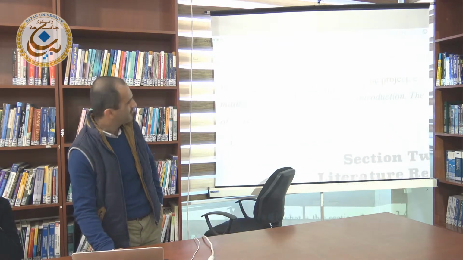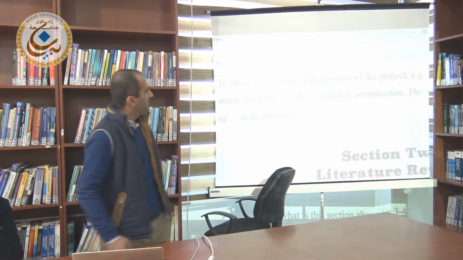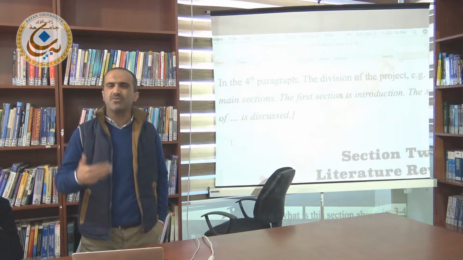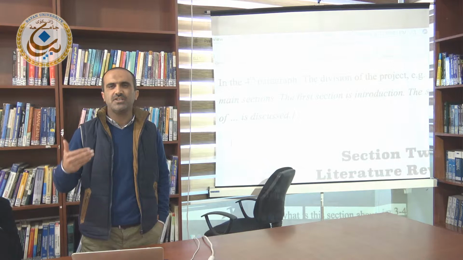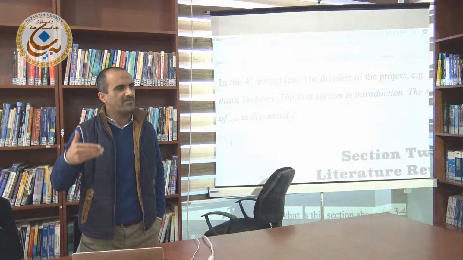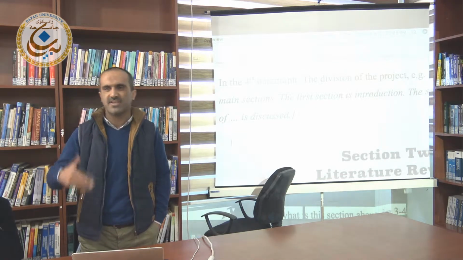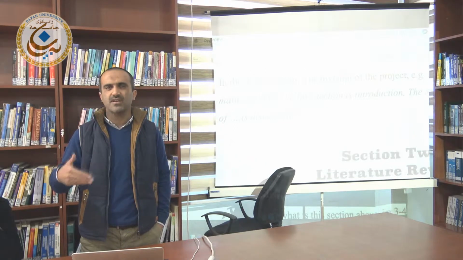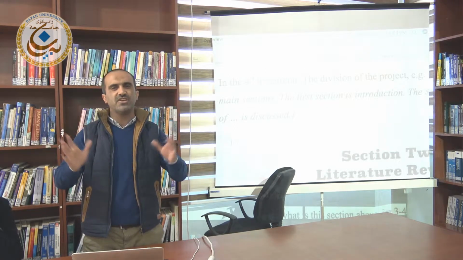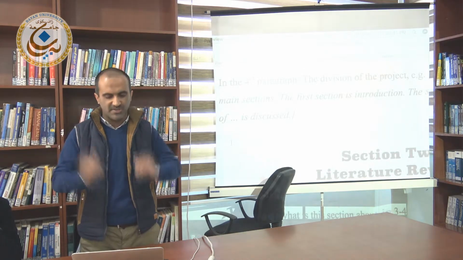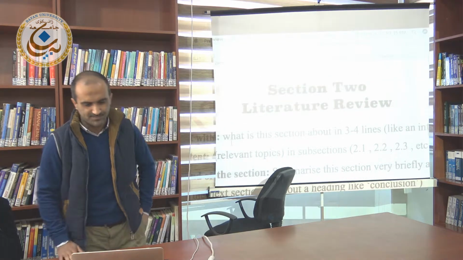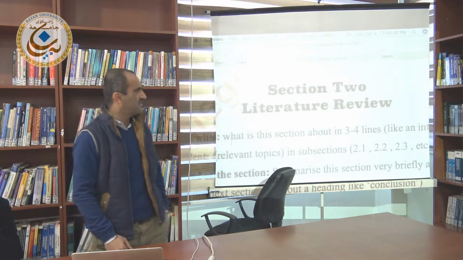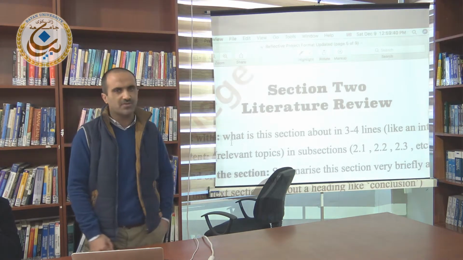And the final paragraph, you're going to say, my research is divided into 4 sections. First section is about, second section is about, okay, and so on. Briefly, you're going to say the design of your research.